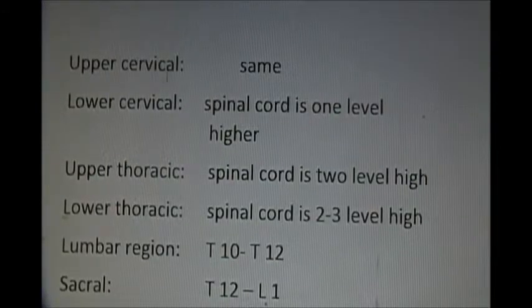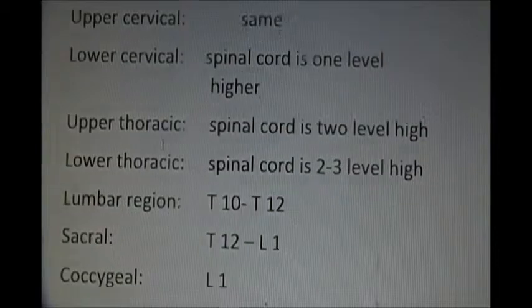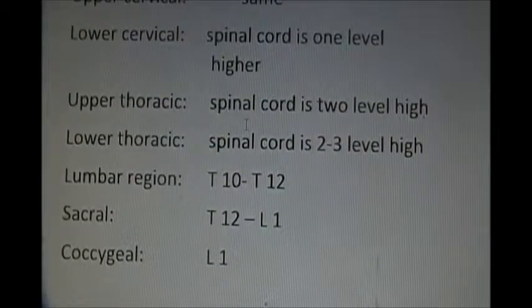In the upper cervical region, the level is the same. In the lower cervical region, the spinal cord is one level higher. In the upper thoracic area, the spinal cord is 2 levels higher. In the lower thoracic area, the spinal cord is 2 to 3 levels higher.